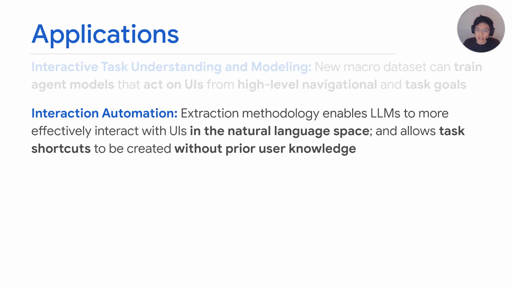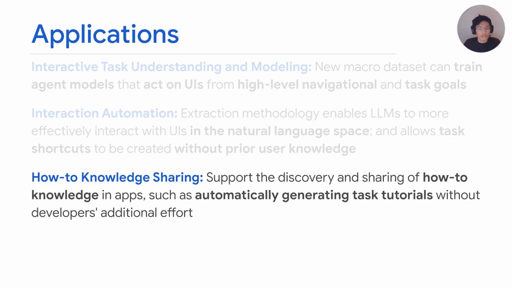These extracted tasks are also task shortcuts that can be created without any prior knowledge of the app from the user side. Finally, we believe the system can help users and developers share how-to knowledge in the apps, such as automatically generating task tutorials without extra effort.